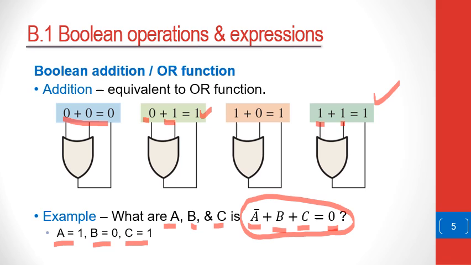So this is just one of them. In this case the expression would be such that A complement is 0, OR B is 0, C would be 1. Because now you have 0 OR 1, because you have a 1 on this side, we know that the OR gate will give us a 1.